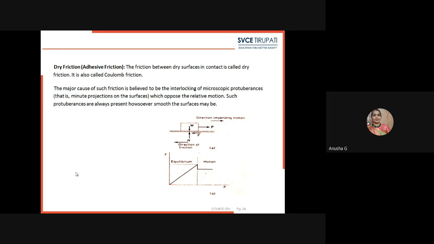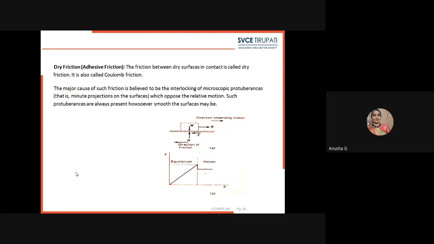Now we'll see dry friction. What is meant by dry friction? Dry friction is also known as adhesive friction. The friction between dry surfaces in contact is called dry friction. That is nothing but Coulomb friction. If you observe, dry friction is like the roads we move on in the summer season. Both are dry. Our vehicles will be in a dry position and our roads will be dry.